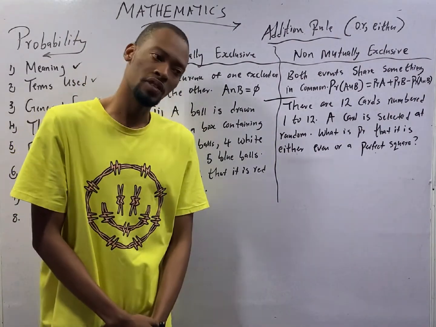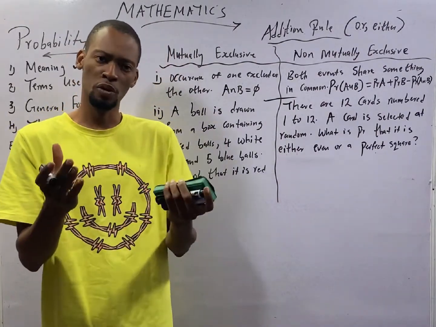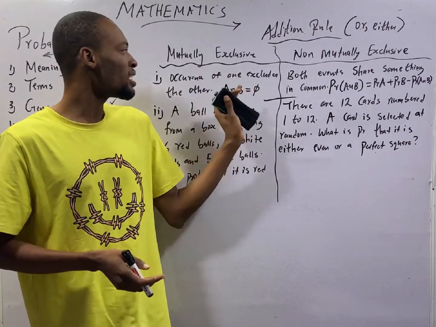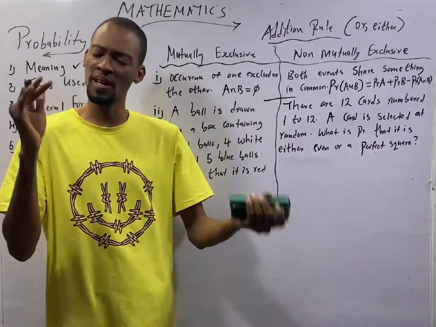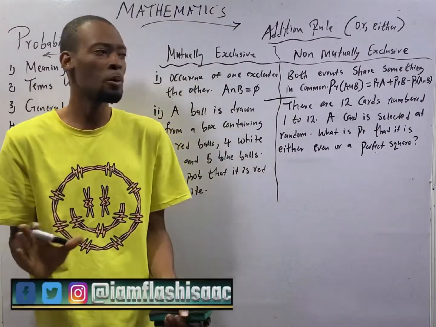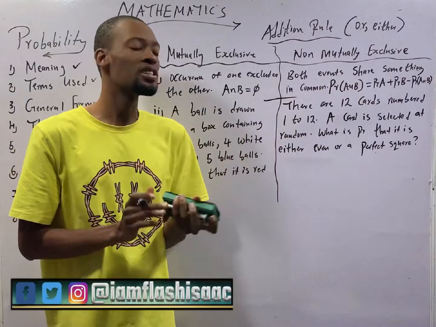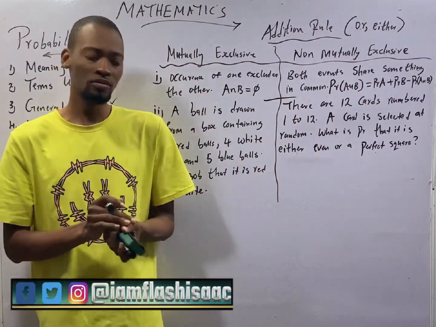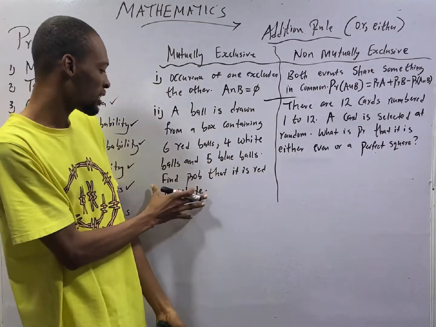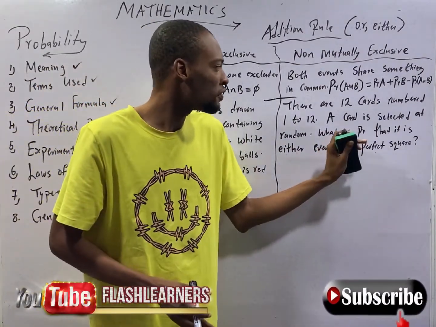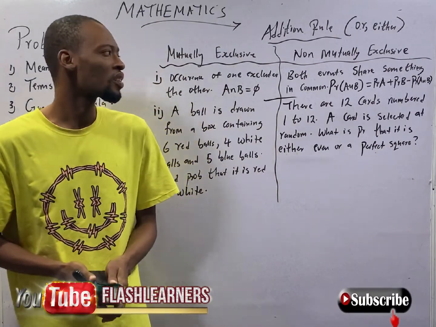If you've not looked at the video, intersection simply means what sets have in common. So, mutually exclusive events, the occurrence of one excludes the other. They are events that do not have something in common. Meanwhile, non-exclusive events share something in common. By the time I solve these questions, an example of mutually exclusive and an example of non-mutually exclusive, you understand perfectly.